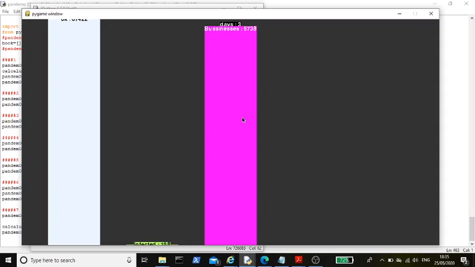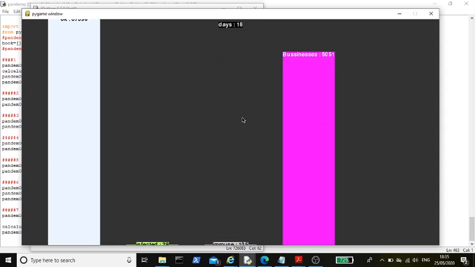And as you can see, the number of businesses is still falling. It's not that much better. But if you wait, when we get to day 50, the number of infected would be much higher than if we'd have done one day.